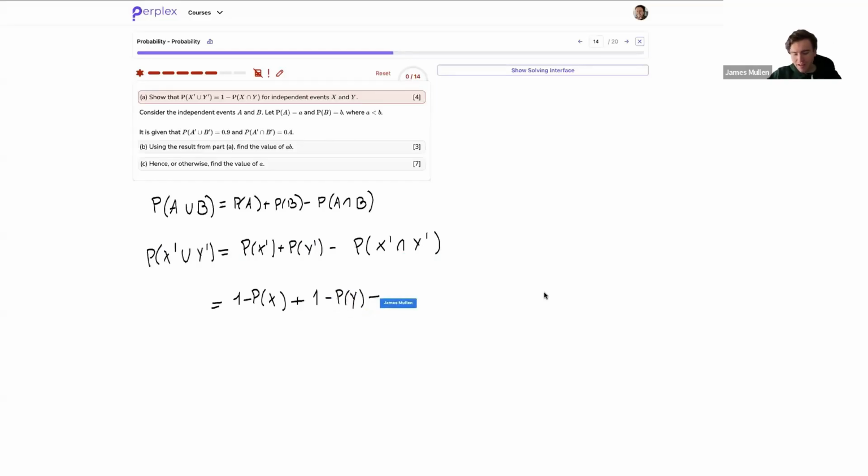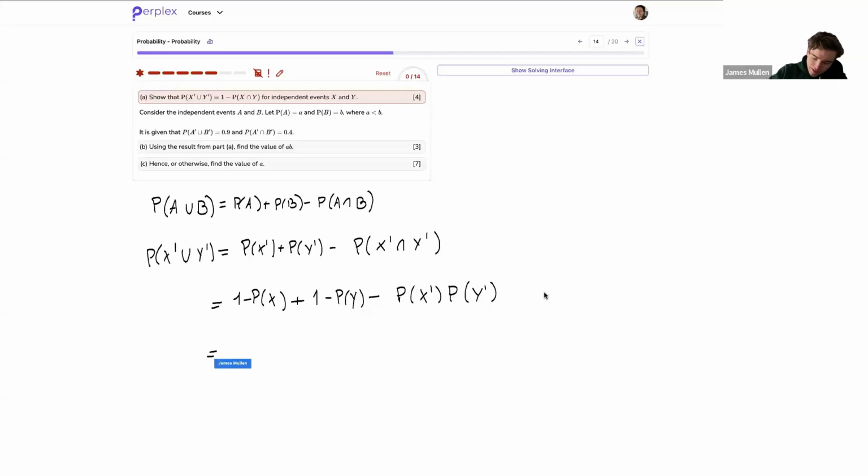And then, because x and y are independent, x does not affect y, and that same is going to be true for the complements. So that means I can write this as P of x prime, P of y prime. They are independent. Okay?